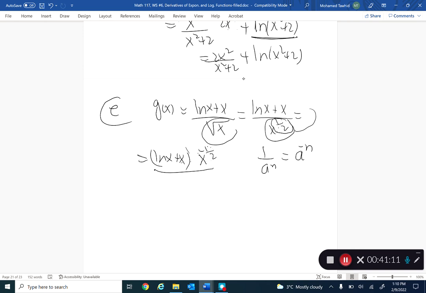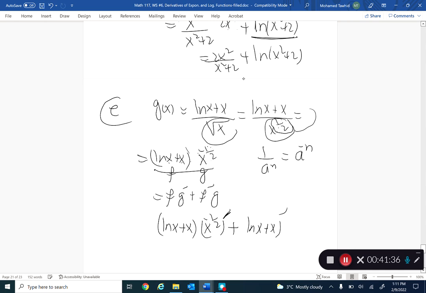What is the product rule here? For fg, the product rule is fg prime plus f prime g, right? So what is the f? It will be ln x plus x, that's one term. What is g prime? It is x to the power negative 1 over 2, prime, plus the derivative of f, which is f prime, multiplied by g.